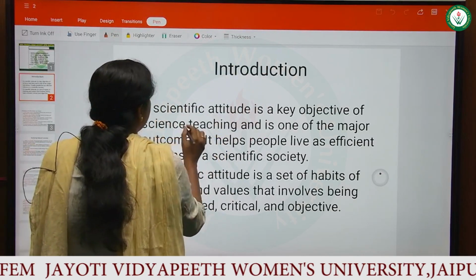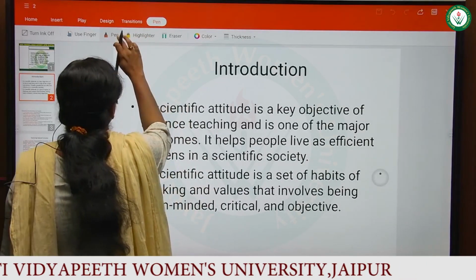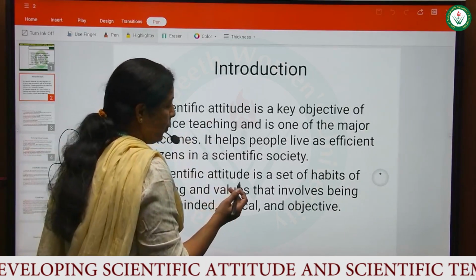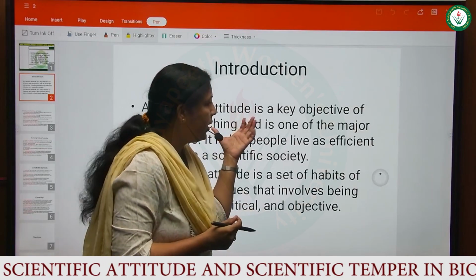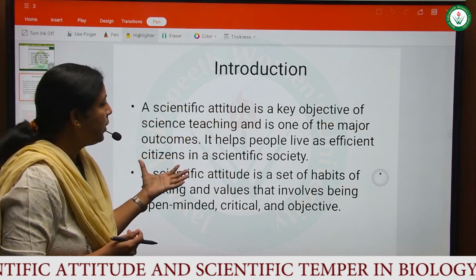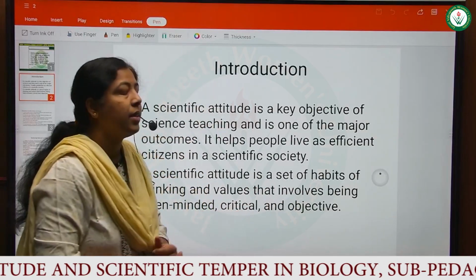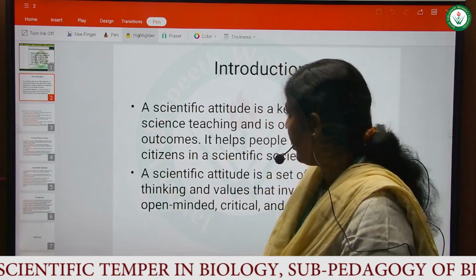Okay, so scientific attitude here has a key objective we have to teach: how these things are working, how things are happening, and how we are going through situations, right?